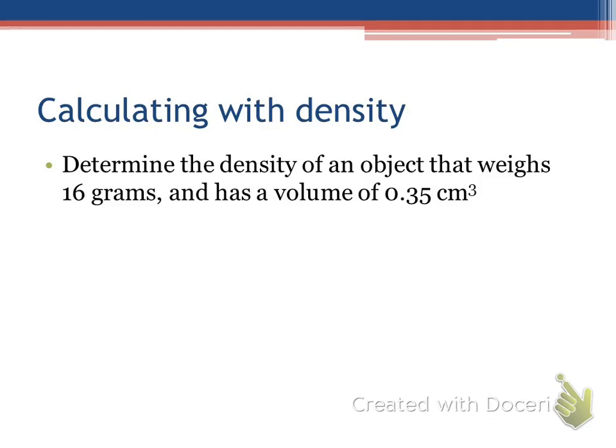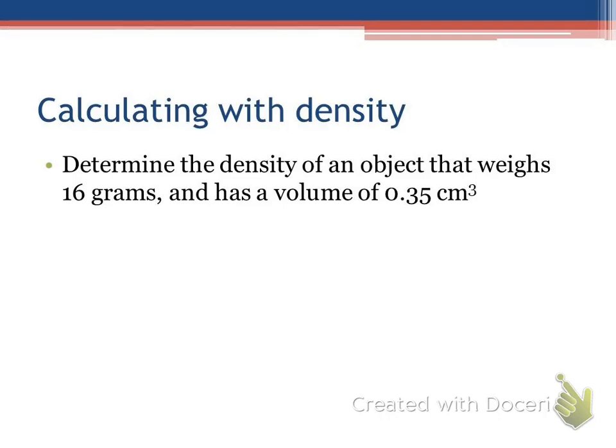So determine the density of an object that weighs 16 grams and has a volume of 35 centimeters cubed, or cubic centimeters. What do we know about cubic centimeters that we talked about last class? It's the same as milliliters. Good. It represents the same amount of volume. 1 cubic centimeter is equal to a milliliter in terms of amount of volume. Okay?